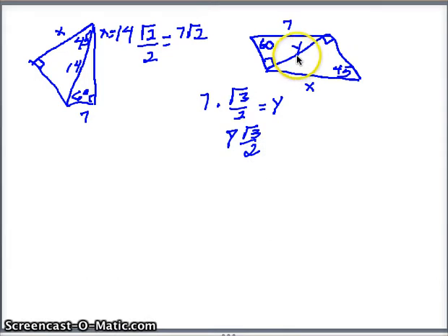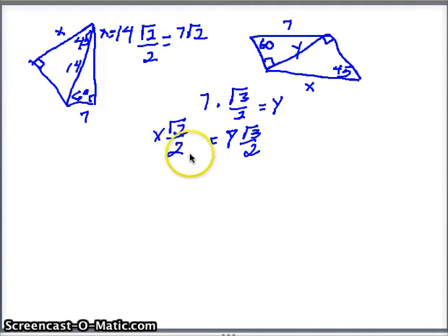Yeah, this is y right here. So x times the square root of 2 over 2 is going to equal this side right here.